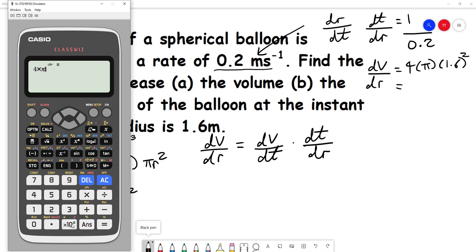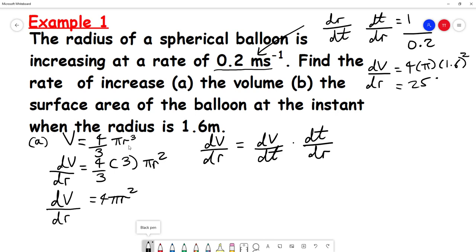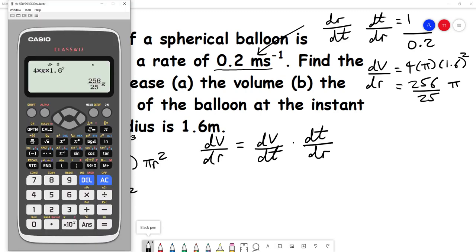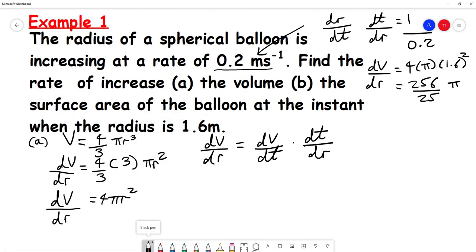Don't forget your calculator must be in radians mode, because this is calculus. So 1.6 squared. Now that gives me 256 over 25 times pi. Just make sure my answer is correct. No silly mistakes. Yep.